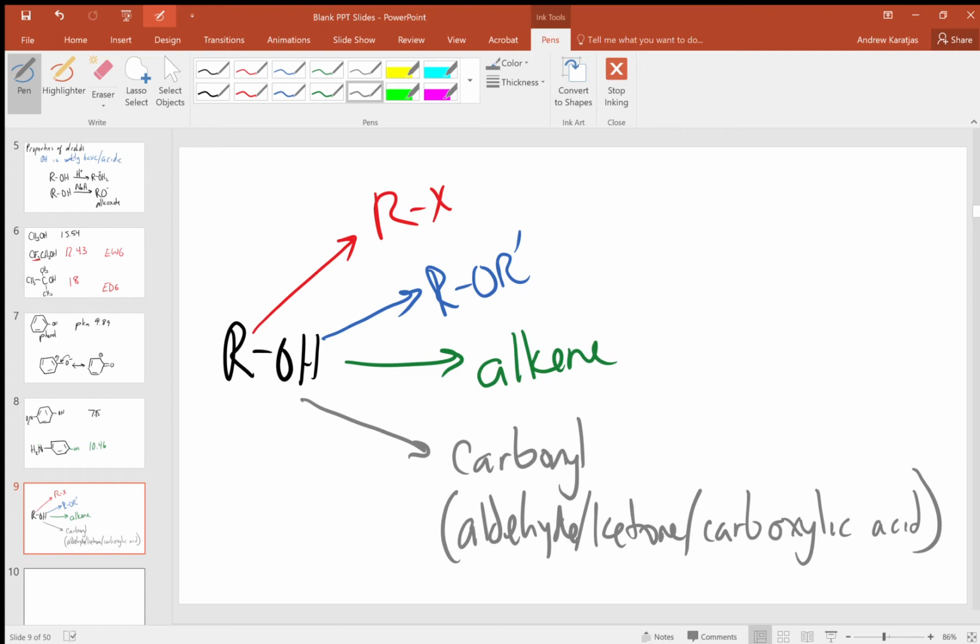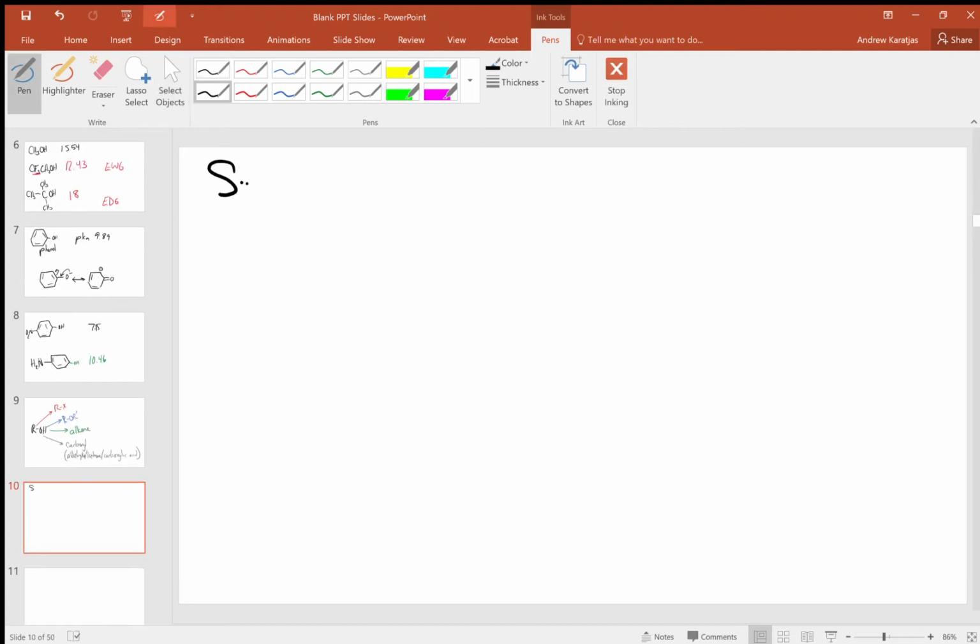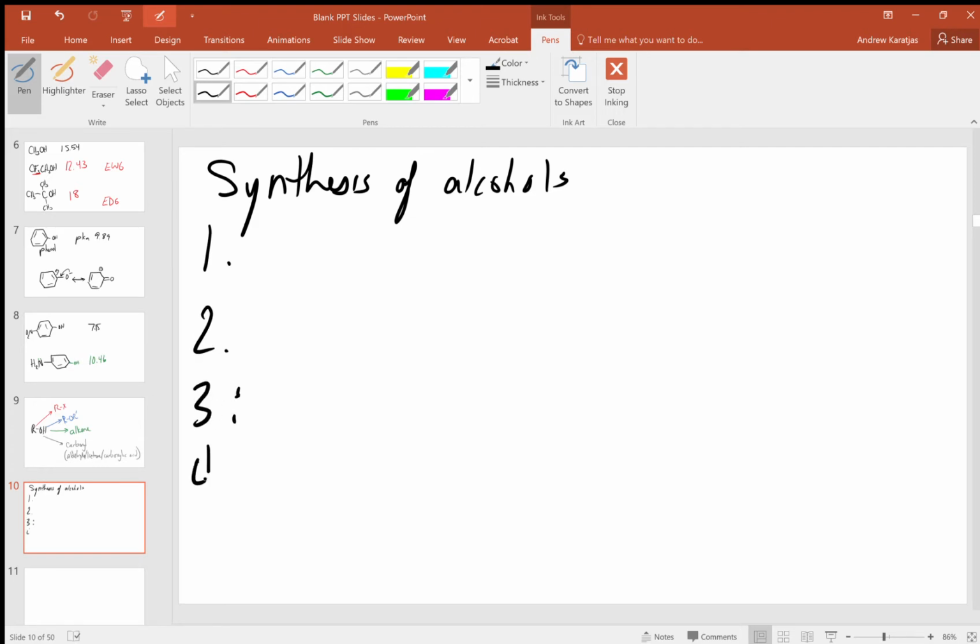But before we talk about what you can do with an alcohol, we always want to talk about how we make them. So it turns out we've already learned a number of different ways to make alcohols. At this point, we should comfortably know 5 different ways to make alcohols.